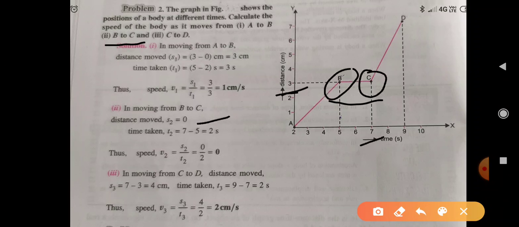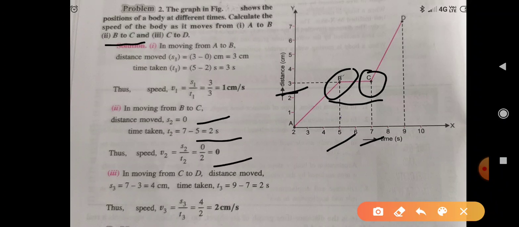Time taken is 7 minus 5, that is, 7 seconds at the final position and 5 seconds at the initial position, so 2 seconds. Again speed is equal to distance upon time, 0 upon 2, which is 0.